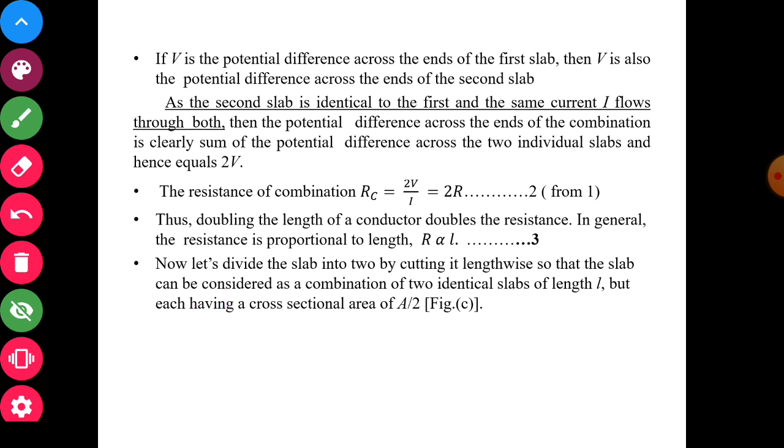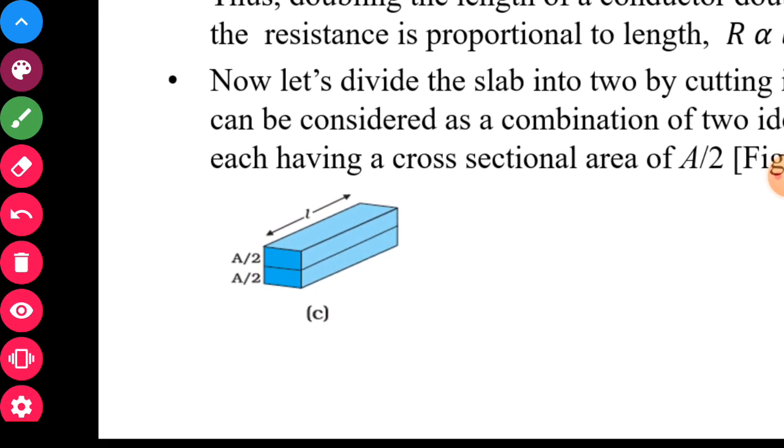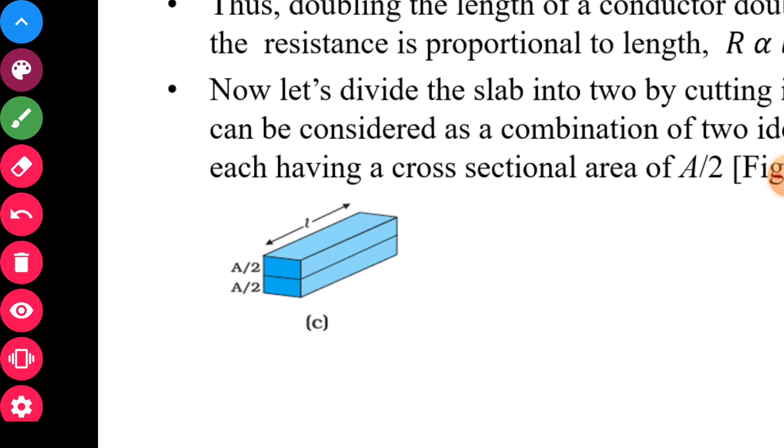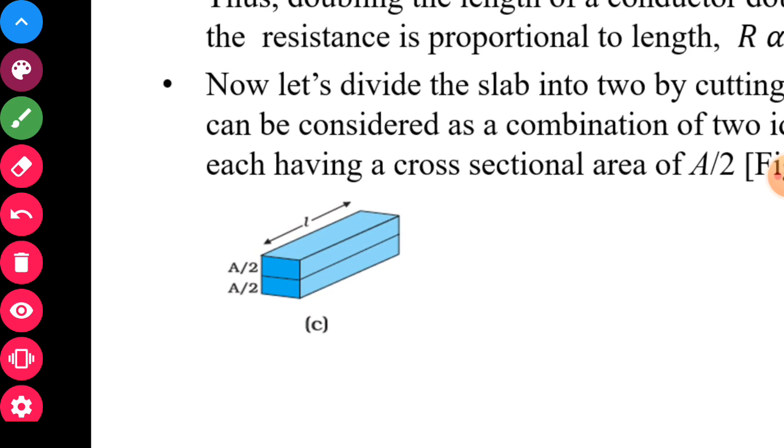Try to look at that figure also. Just try to understand this. The slab which had area A is now cut into two pieces of area A by 2, and the length is kept the same.